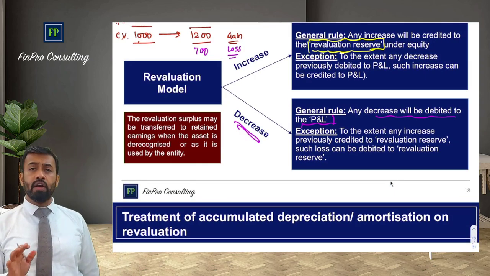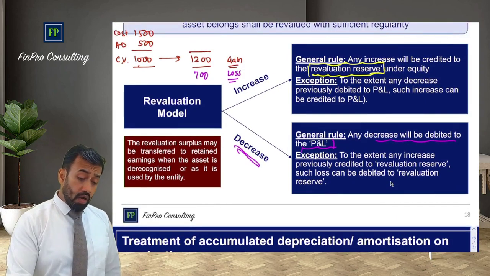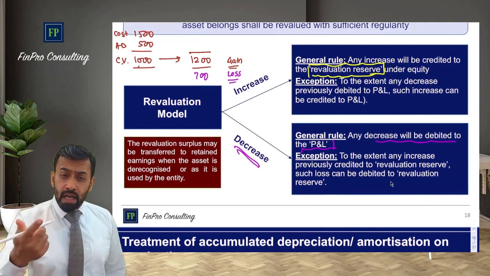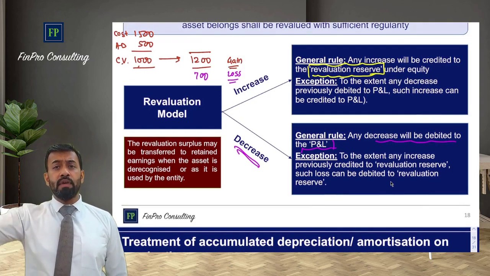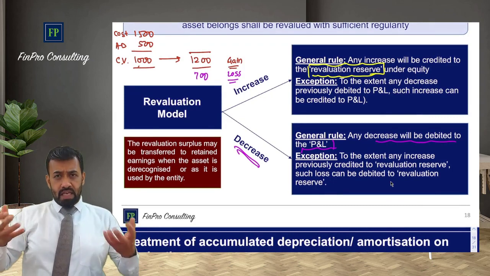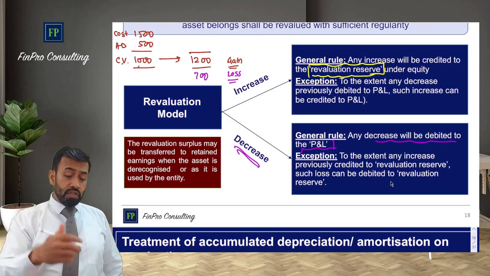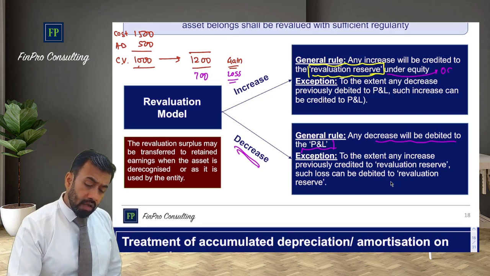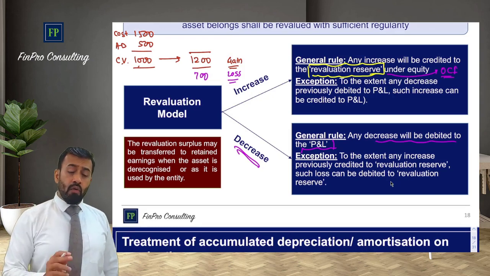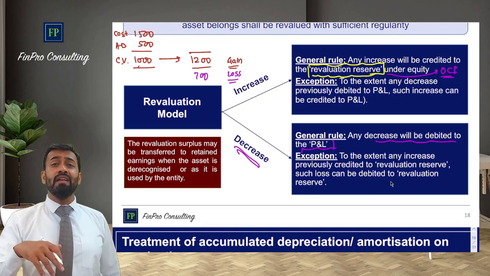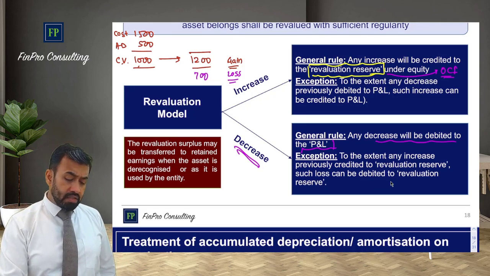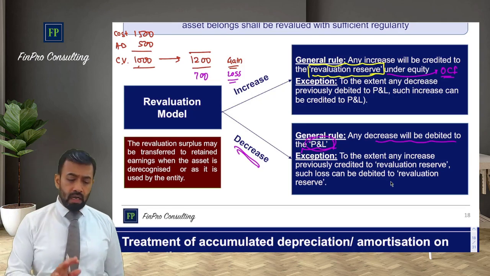Any increase is non-transactional, it will be credited to revaluation reserve. Gain is income, income is credited, so it is credited to revaluation reserve, which is a part of other comprehensive income. However, if there is a loss, standard is a little conservative and it is saying that it has to be debited to P&L, simple general rule.